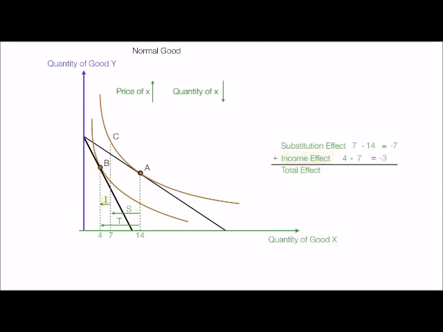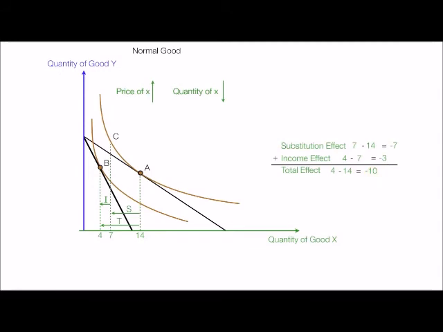The total effect is going to be 4 minus 14. And this is going to be equal to negative 10. Negative 7 plus a negative 3 is negative 10.